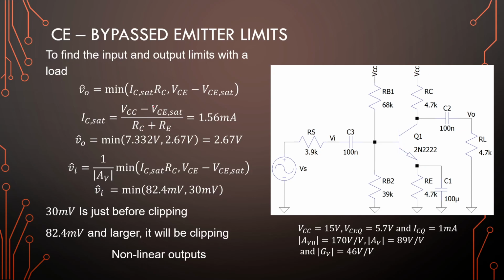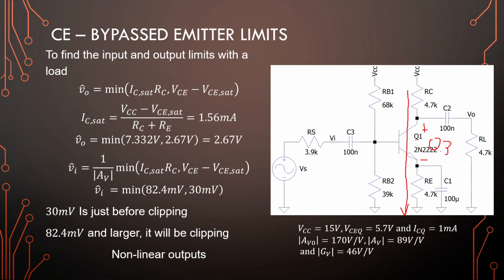Okay, the next one is when we actually add the load of 4.7 kilo ohms, and now we need to work with a saturation current. From the load line, one of the things that you had to determine was typically the saturation current. The saturation current is the maximum current that can flow through this transistor, and our VCE will be at the edge of saturation, so 0.3 volts.